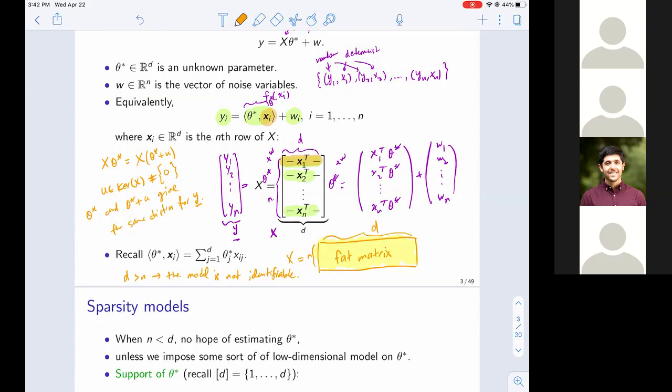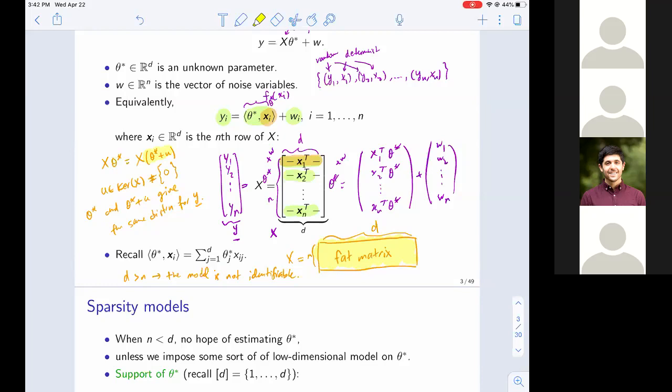So for any non-zero u in the kernel, which is allowed because the kernel is non-trivial in this case, if I add it to theta star, then X times (theta star plus u) is equal to X times theta star.